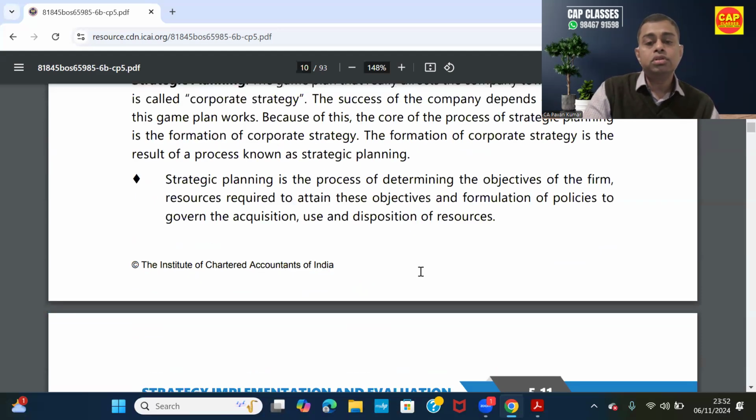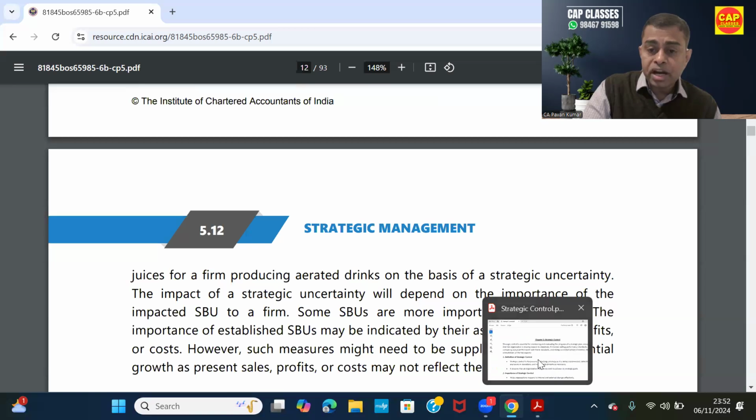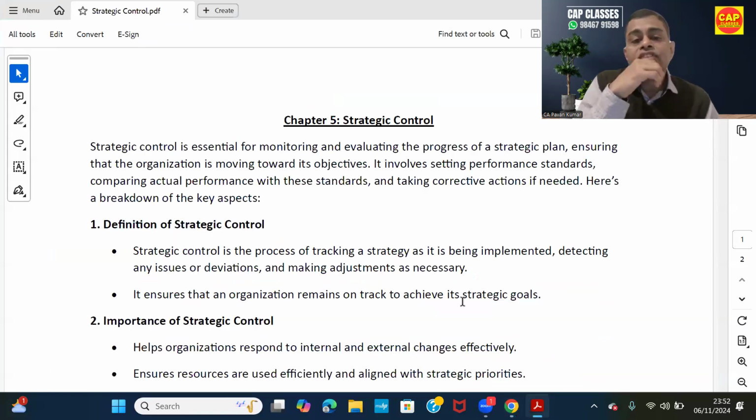So now we are going to strategic control. I have also prepared short notes for strategic control. Now tell me one thing: what is the meaning of the word control? Do you remember, in the first session of strategic management, in the introduction, I gave you the definition and meaning of management?